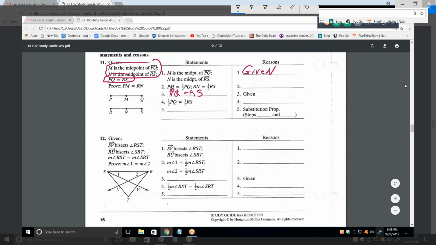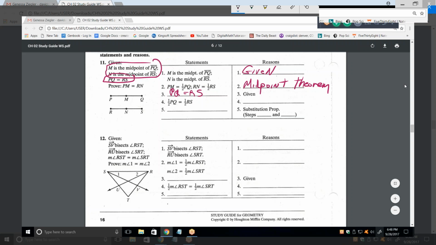So what makes PM equal to 1/2 PQ and RN equal to 1/2 RS? Would that be... No. Midpoint theorem. That is precisely what the midpoint theorem says.